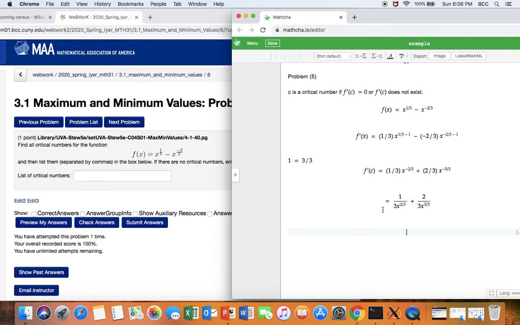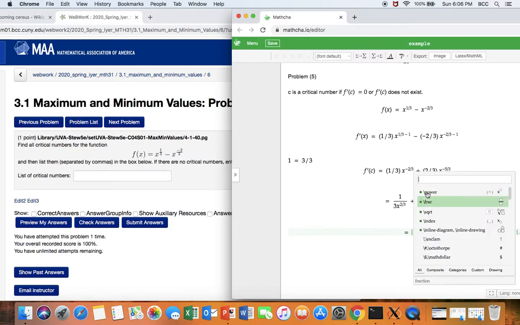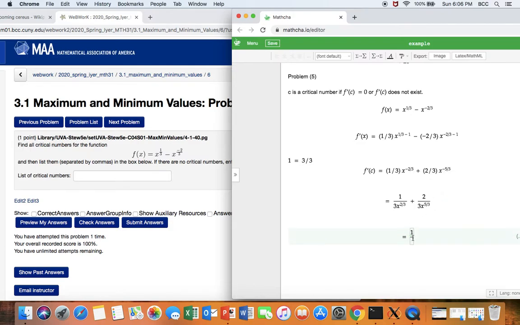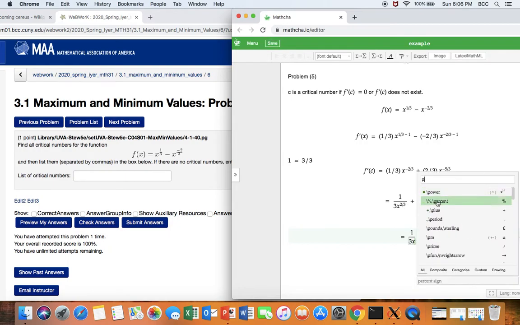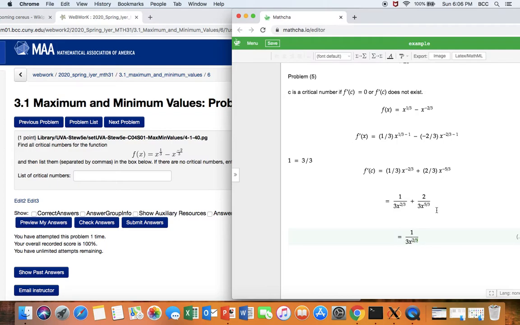Now let's simplify this somewhat. Notice 3 is common in the bottom. So let me get a fraction out, 1/3. Notice 2/3 is smaller than 5/3, so I can get the power x to the 2/3 out, because that's the smaller power. So that's a common factor.